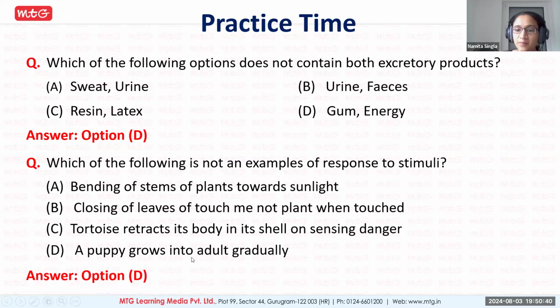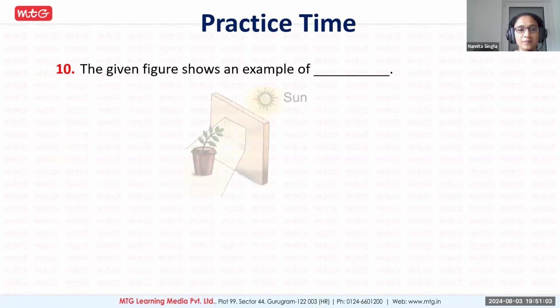Yes, it is not an example of response to stimuli. So what is it an example of? Ma'am, living things show growth. Very good. So option D shows living organisms show growth. It is not an example of response to stimuli, it is an example of growth. Other options, bending towards sunlight, touch me not plant, and tortoise retracts its body on sensing danger, are all examples of response to stimuli.